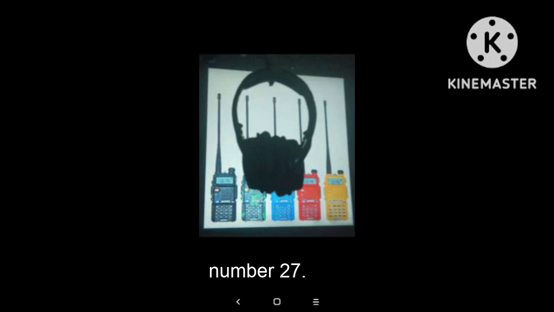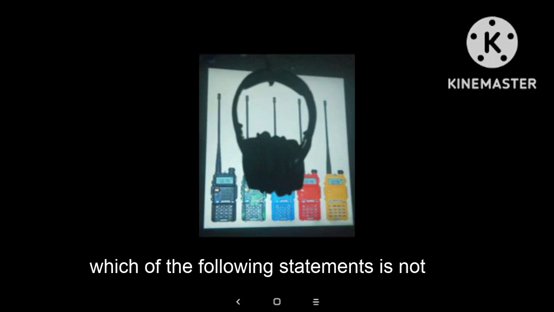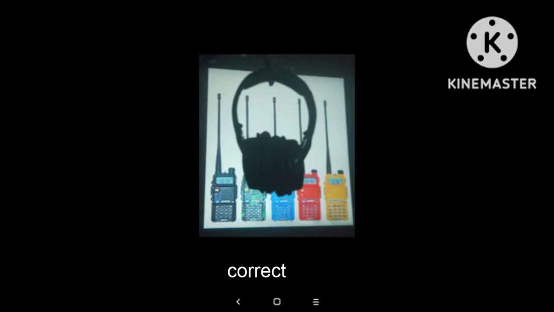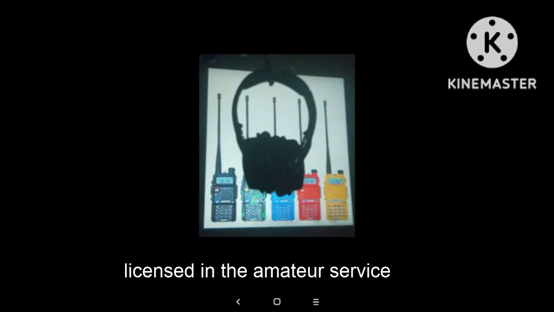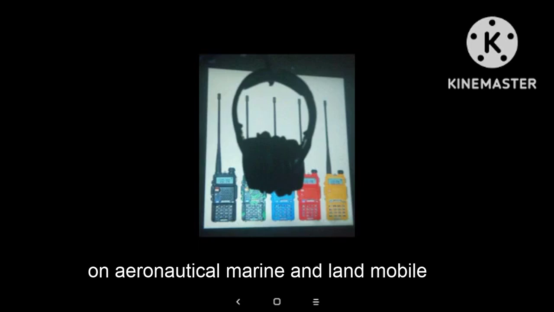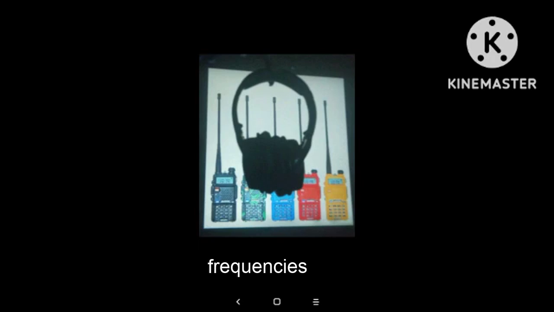Number 27. Which of the following statements is not correct? A person may operate radio apparatus licensed in the amateur service on aeronautical, marine, and land mobile frequencies. Number 28.